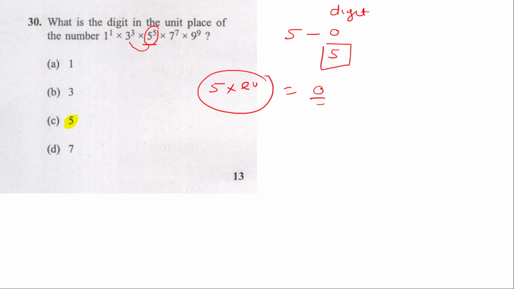When we are multiplying any number with 5, there is a 100% chance that you are going to get one of two digits, 0 or 5. You can check 5 times 1 is 5, 5 times 2 is 10, 5 times 3 is 15, 20 and so on. You end up with either 0 or 5. So the answer will be 5.